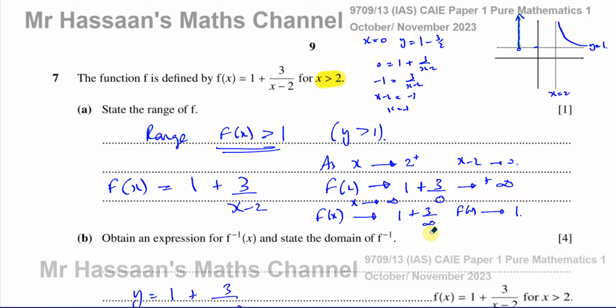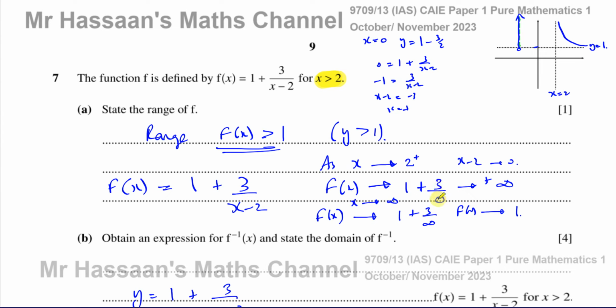Okay, and it's just a little bit of an explanation here as well. Some people might not understand why you have 1 plus 3 over 0. Now, if you divide by 0, the answer is going to become really huge. So it's like undefined, but the closer and closer this denominator approaches 0, when x minus 2 approaches 0, that's when x approaches 2, then you have 3 over something really, really small, which gives you a huge answer.